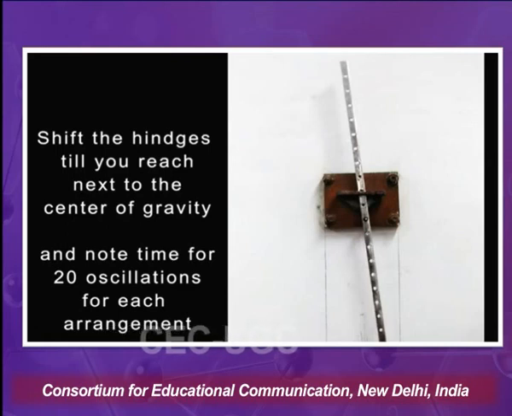That means you note down the time for 20 oscillations from the A side, first hole, then second, then third, then fourth, up to next to the center of gravity. After that, you reverse your bar and repeat the same method for the B side also. So we note down the time for 20 oscillations from the A side and from the B side.